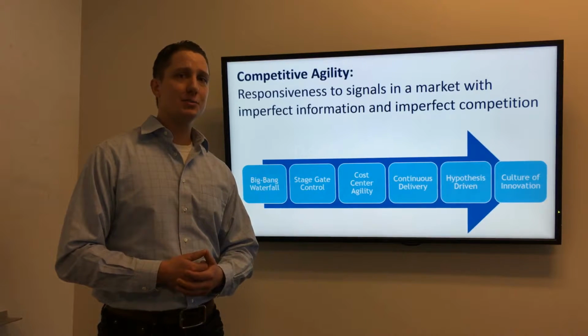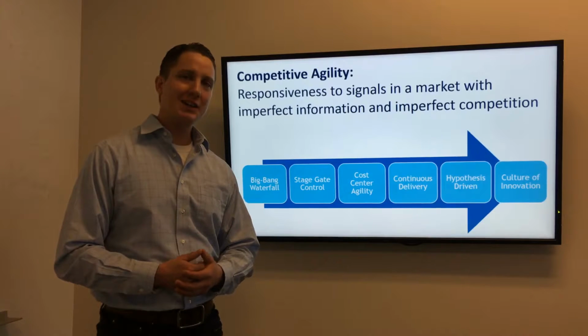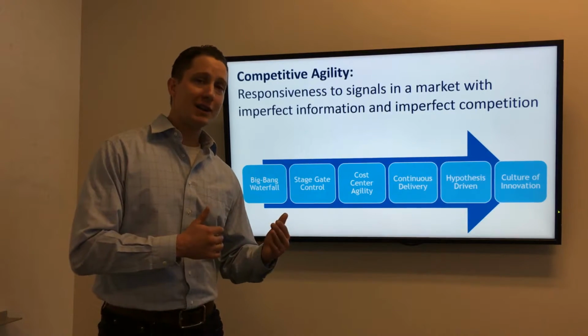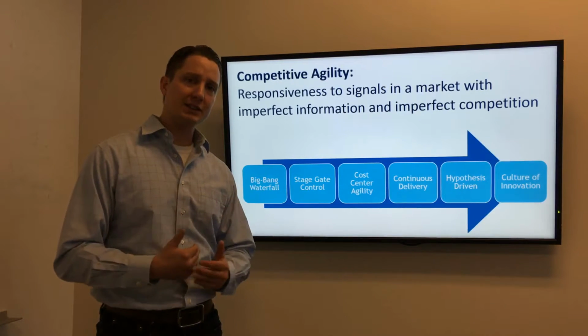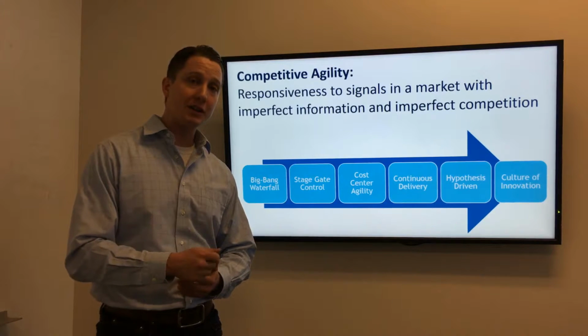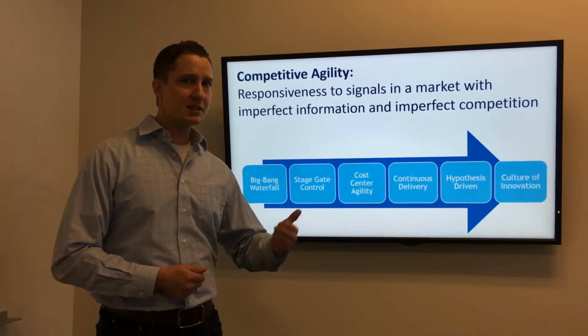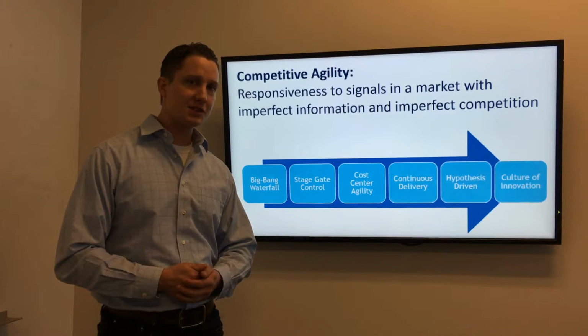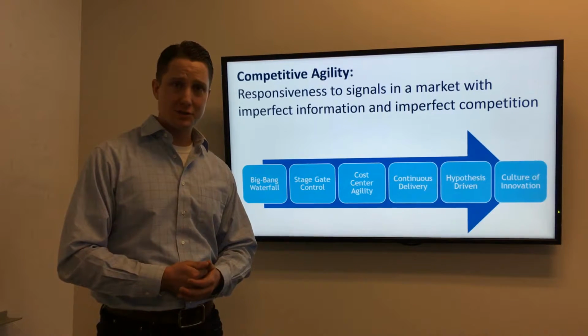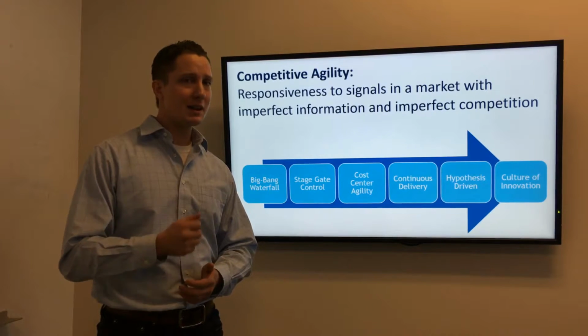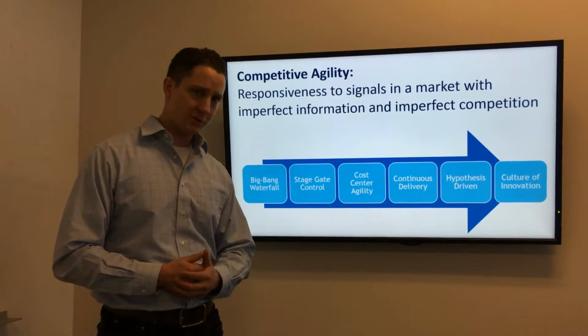Instead, we need to also reduce our transaction costs. So if they're wrong and they change their mind, we're protected and we can very quickly pivot to serve their needs further. Again, realize that this is just supporting responsiveness to internal signals. It doesn't quite yet help us get to the culture of innovation.